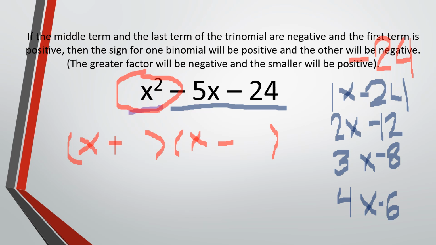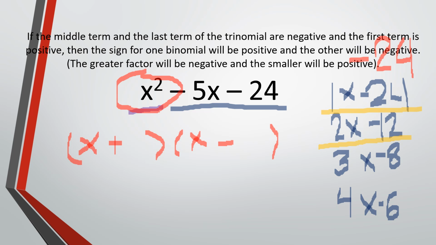Now, among these factors, we will find one pair in which the sum is negative 5. If you have 1 plus negative 24, the answer is negative 23, which is not the same as our middle term. If you have positive 2 plus negative 12, the answer is negative 10.